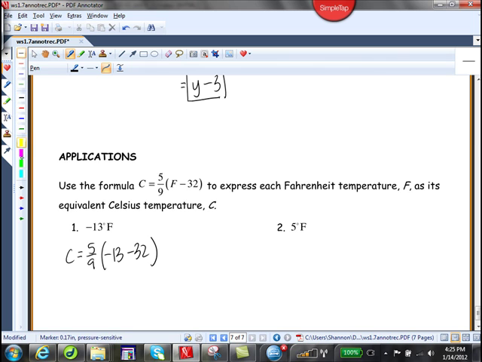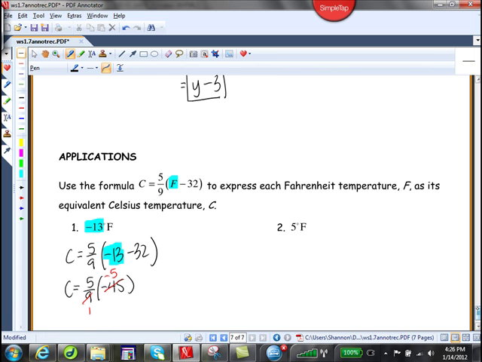So here, wherever I see an F, plugging in negative 13, and I will get C is equal to 5/9. Negative 13 minus 32 is negative 45. 9 divides 45, so we'll have that negative 5 remaining.